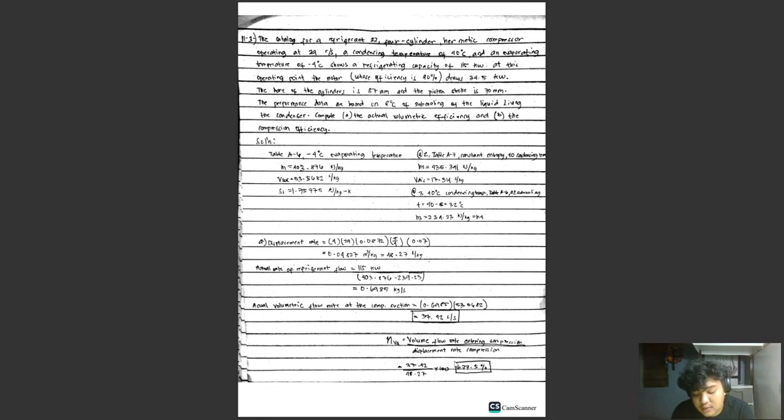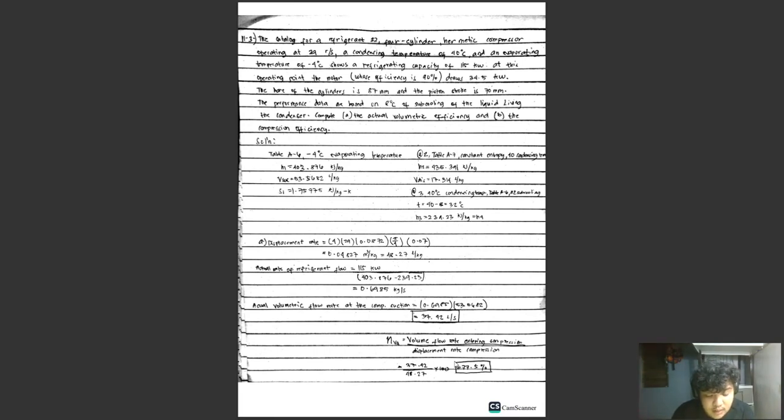At 40 degrees Celsius condensing temperature, table A-6, 8 degrees Celsius subcooling, we have T equals 40 minus 8 equals 32 degrees Celsius, and H3 equals 239.23 kilojoule per kilogram, which also equals our H4.